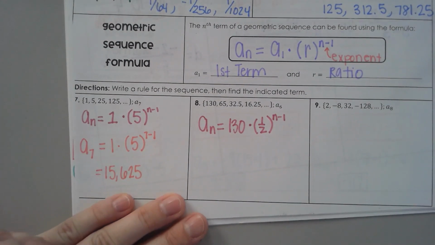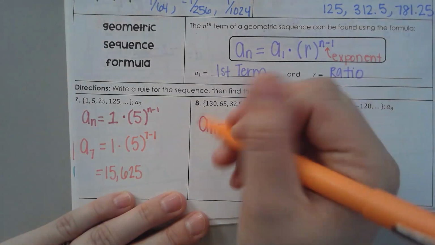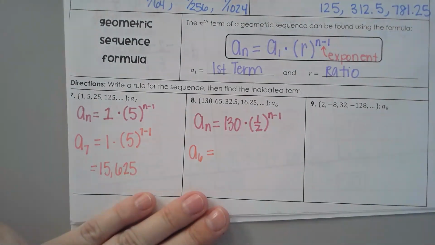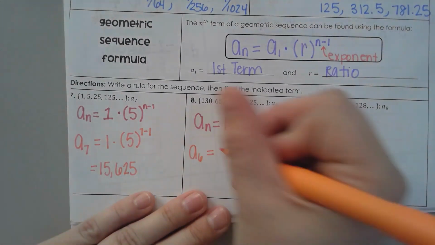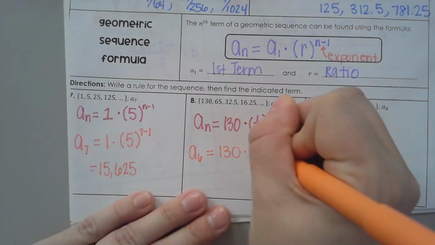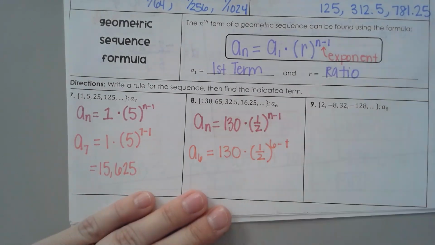Now, what term am I asking you to find? The 6th. So A6 equals 130 times 1/2 to the 6 minus 1 power.